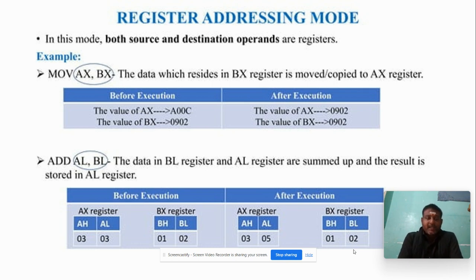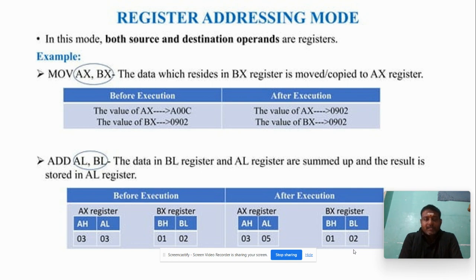8-bit data example: ADD AL, BL. The data in the BL register and the AL register are summed up and the result is stored in the AL register. First, AX is equal to 0303, BX is equal to 0102. In this instruction we are using 8-bit registers, so only 8-bit data will be added.